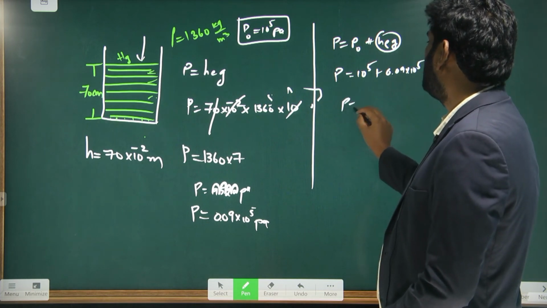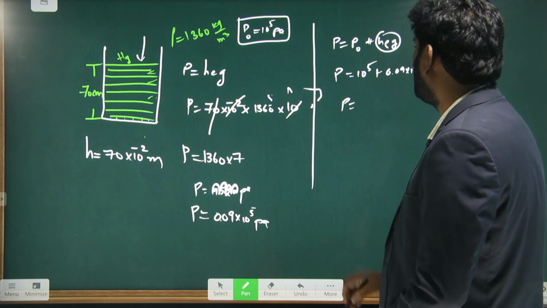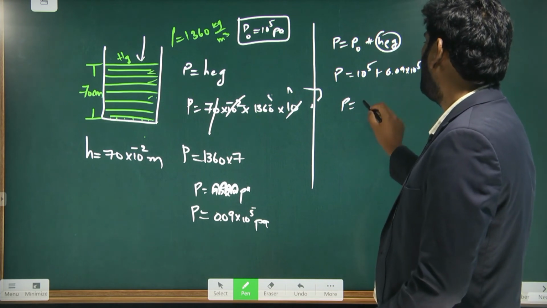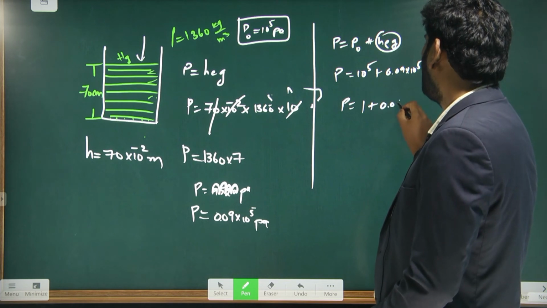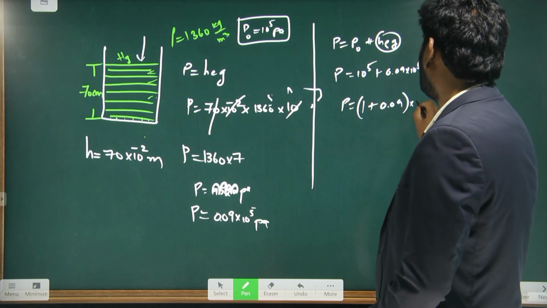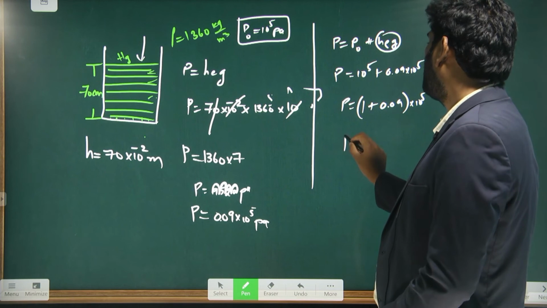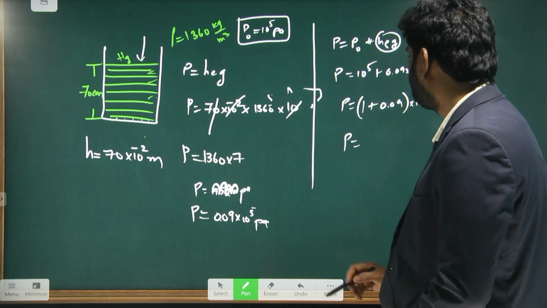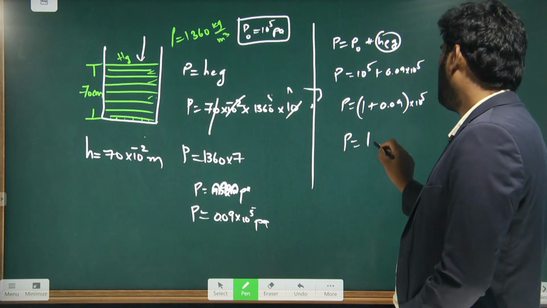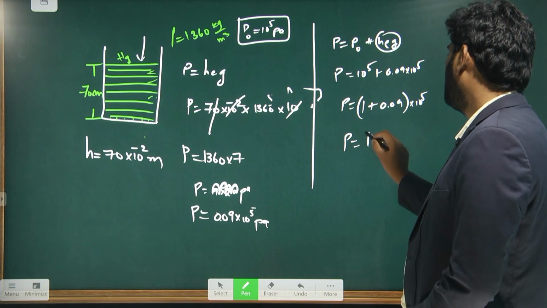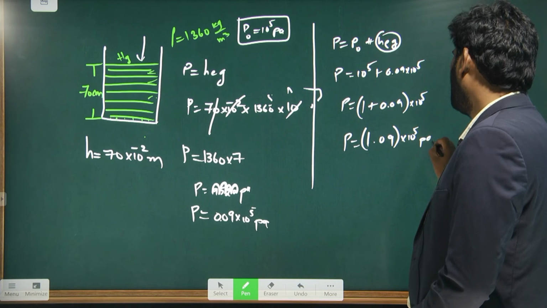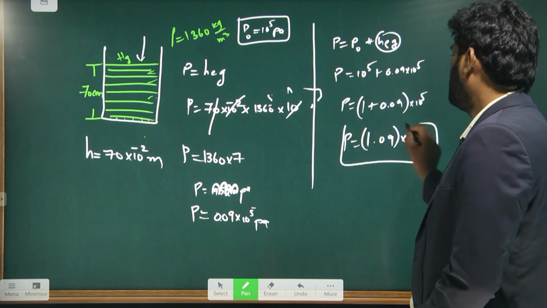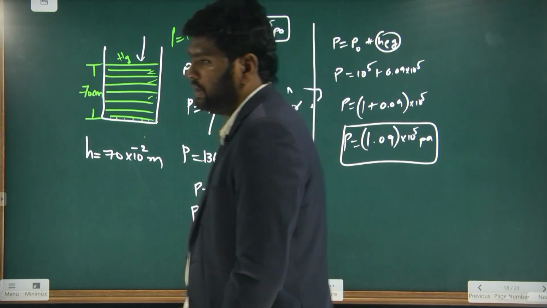So finally, total pressure acting on the bottom surface area, if I take 10 power 5 common, is 1 plus 0.09 into 10 power 5. So pressure is equal to 1.09 into 10 power 5 pascal is your answer. This is how the answers need to be written.